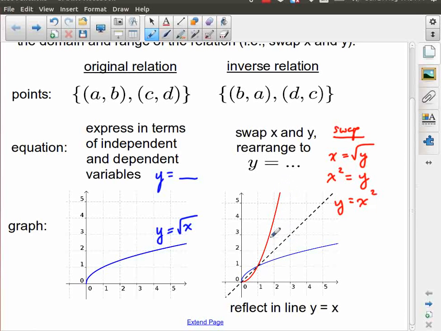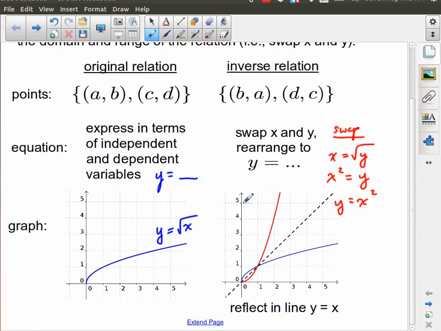Now in this case, it's only half of the parabola, and that's going to get into questions about domain and range, which I'm going to discuss shortly. Visually, here I have the original function, the radical function, and I have its inverse, and these are mirror images of each other.